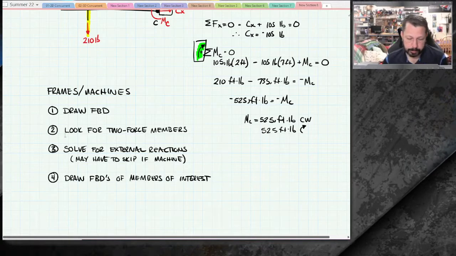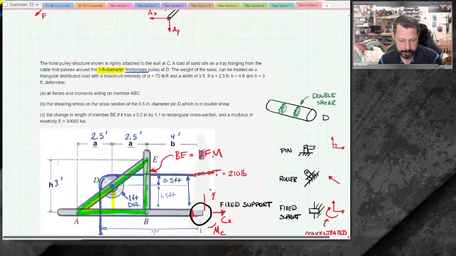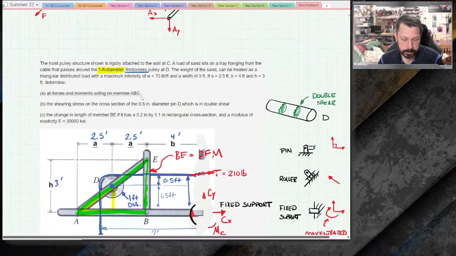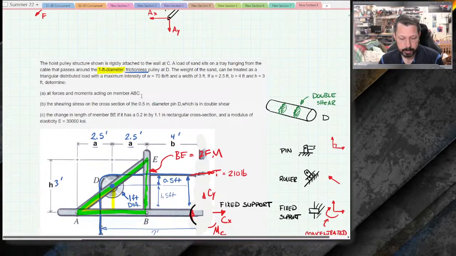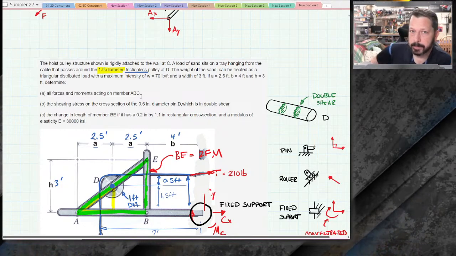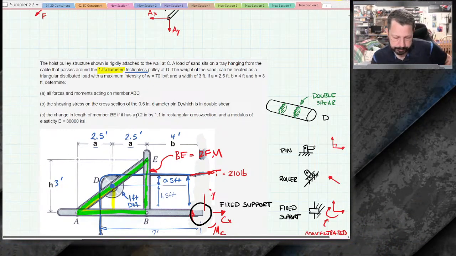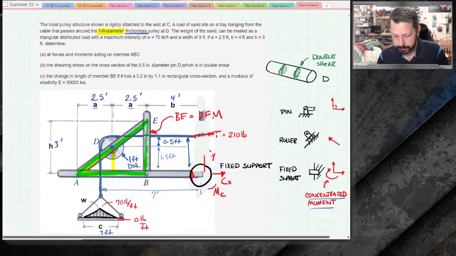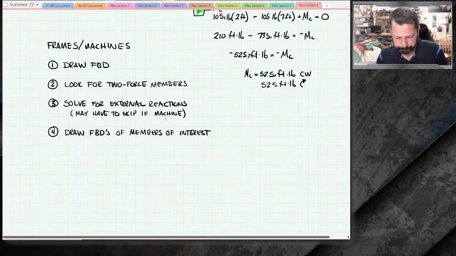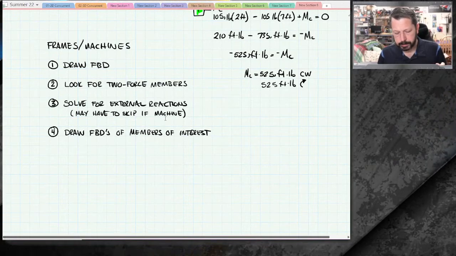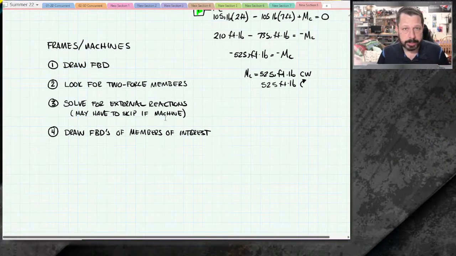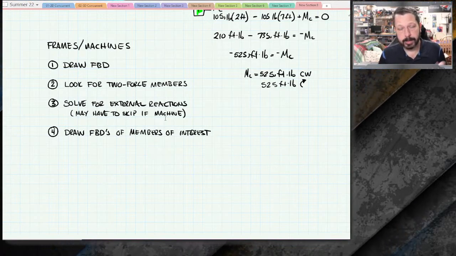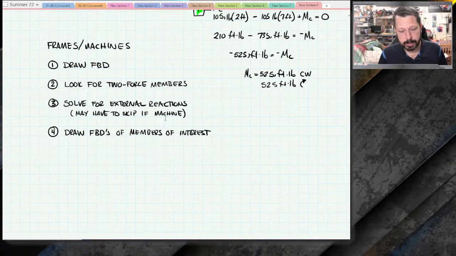So like in our problem statement, it says we would have to determine all forces and moments acting on member ABC. So member ABC is a member of interest. Change in length of member BE. So member BE is a member of interest. And so what you do is you act like you're unbolting or unpinning that member from the frame or machine, and you draw just that member.